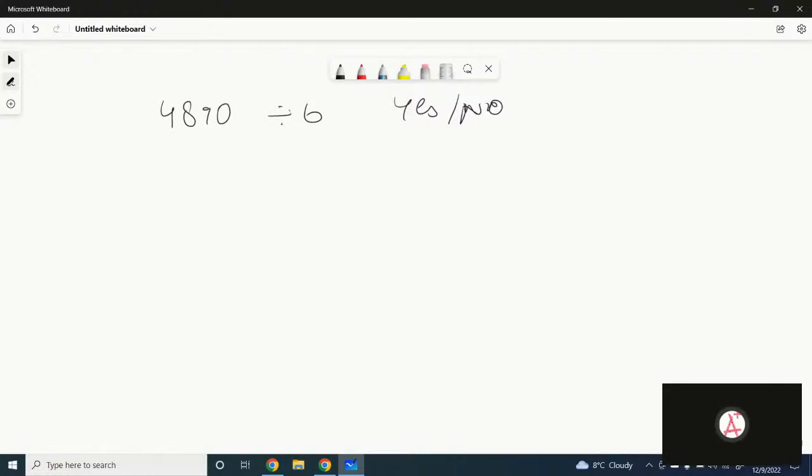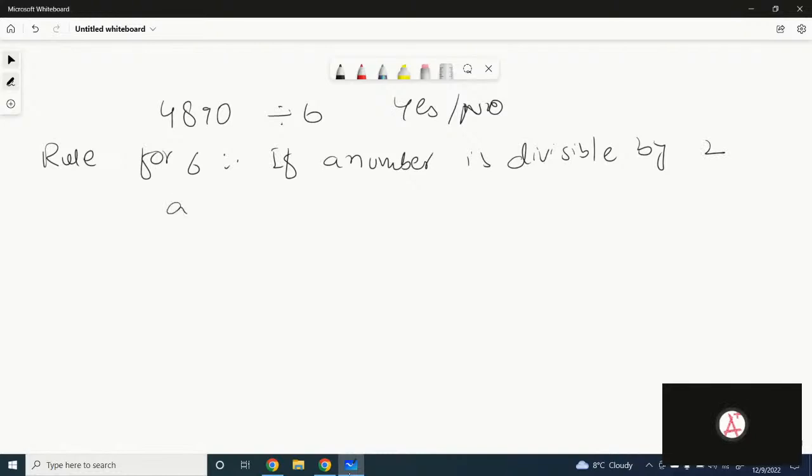The divisibility rule for 6 is: if a number is divisible by 2 and 3, then it is divisible by 6 also. Got it? That is the divisibility rule for 6. You have to check if the number is divisible by 2 and 3 as well.